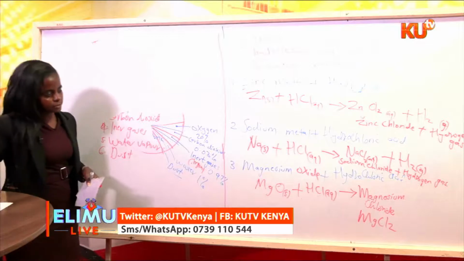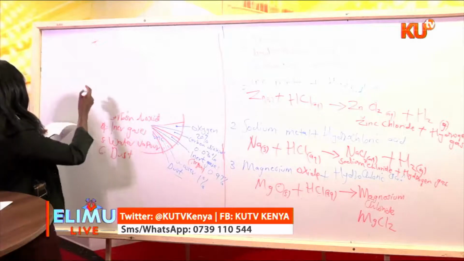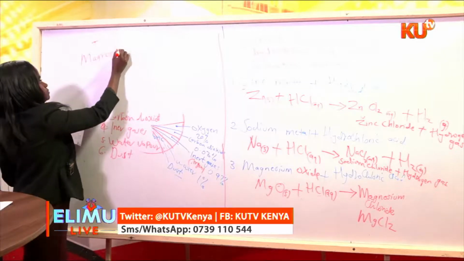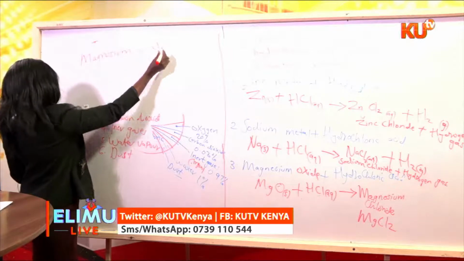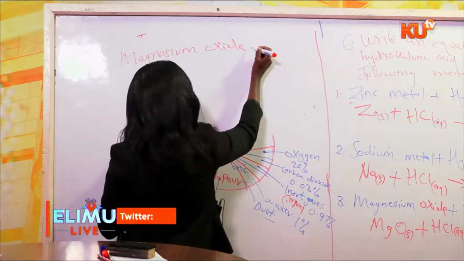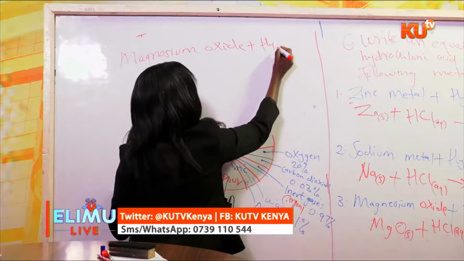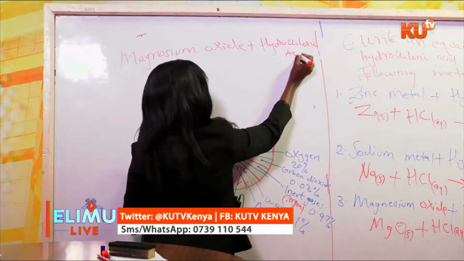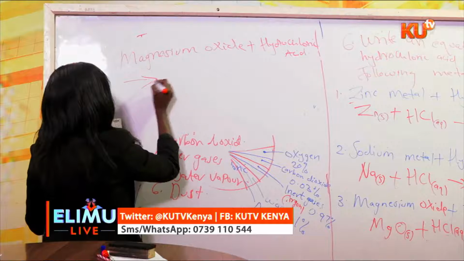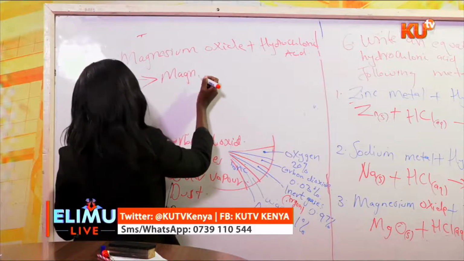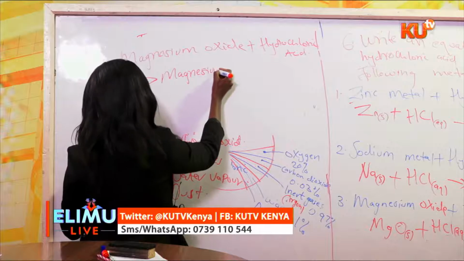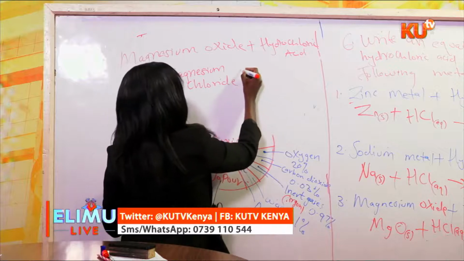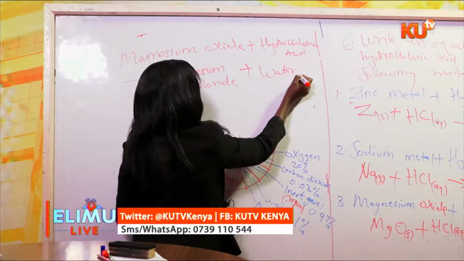Magnesium oxide plus hydrochloric acid. So we get magnesium oxide plus hydrochloric acid, we get magnesium chloride and water.